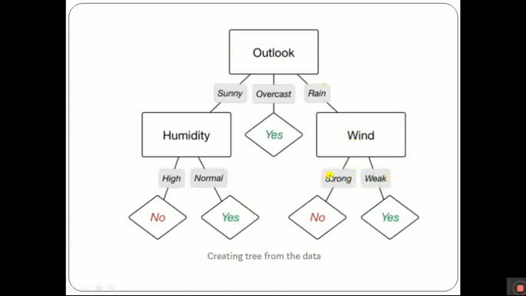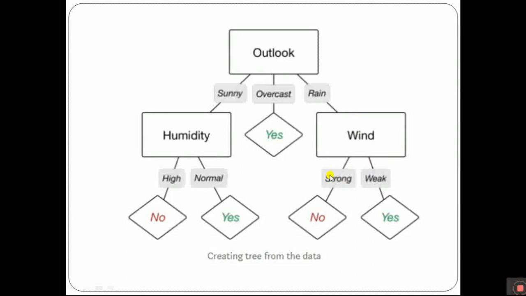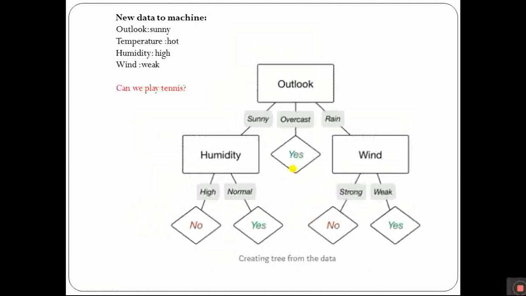So now we have trained the machine based on entropy and information gain. Now suppose I give new data to the machine: outlook is sunny, temperature is hot, humidity is high, wind is weak. I can ask the machine whether I can play tennis or not.